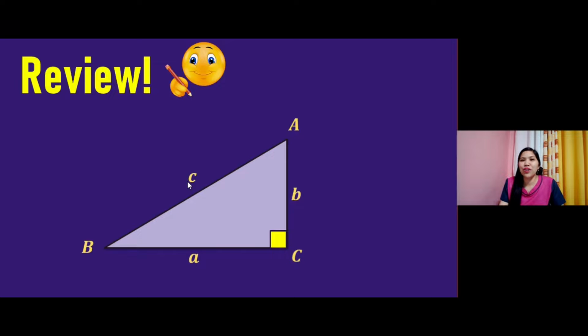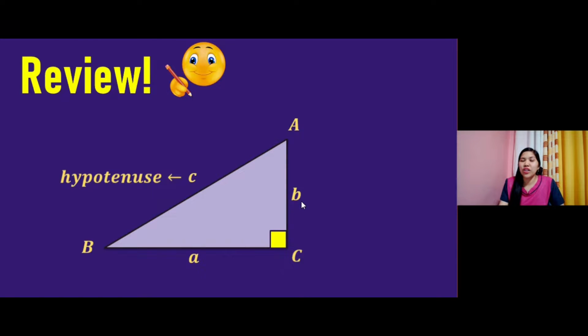Now try to observe your three sides. Which of them is the longest? All right, that would be your side C, this side here. How do you call the longest side in a right triangle? This is what we call your hypotenuse. How about the two other shorter sides, which are your sides A and B?